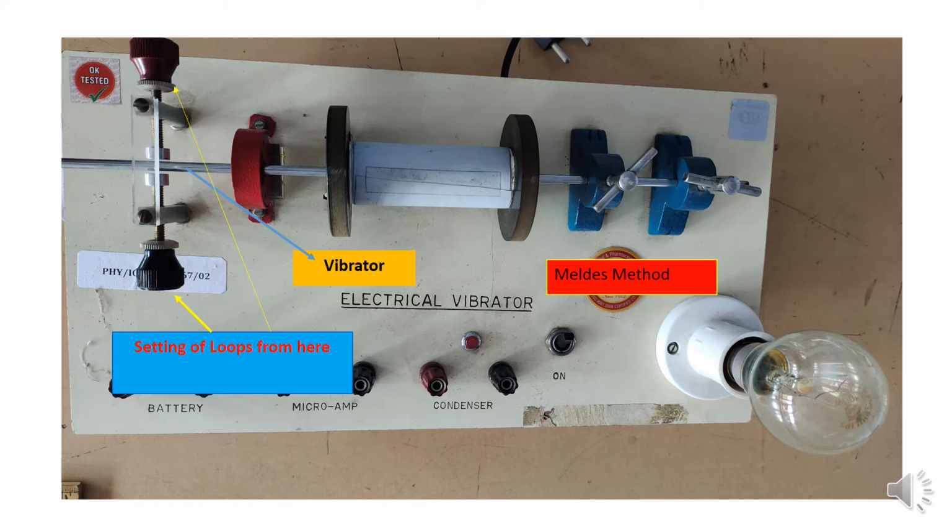This is the vibrator which will be used, which will be vibrating, and we can adjust the loops of the thread from these two screws. The electrical supply is given to this instrument, and this bulb will glow.